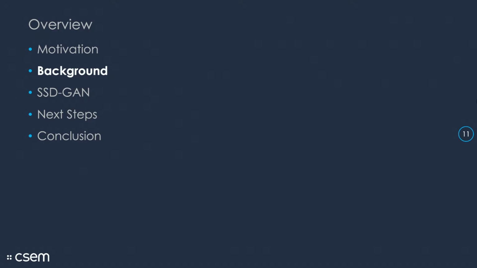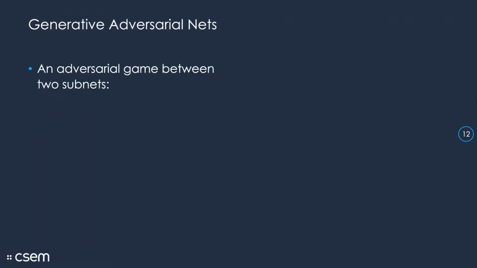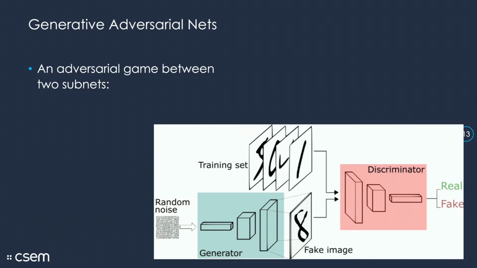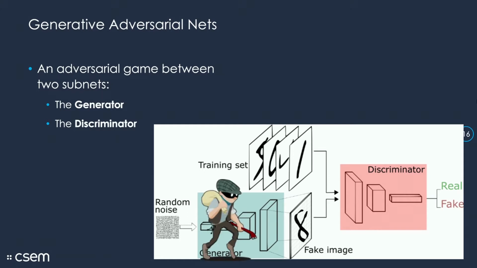Let's see some background information on this task. 6 years ago, a novel deep learning architecture was introduced. Instead of having the commonly used one network, we have two networks. One is the generator and the other one is the discriminator. You can think of them as two adversaries, two opponents competing against each other.